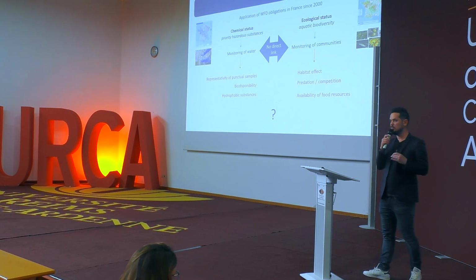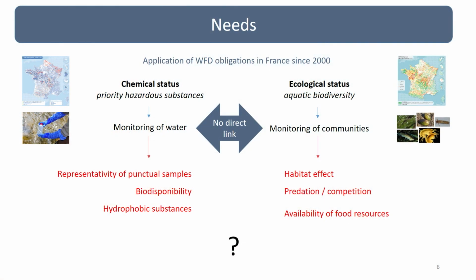The second problem is bioavailability, because when you measure in water, you don't take the part of contaminants which is able to enter organisms. And it is this fraction which is potentially toxic for organisms. So to take organisms is more relevant.